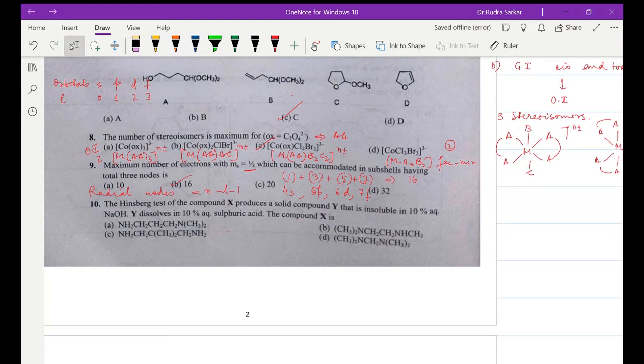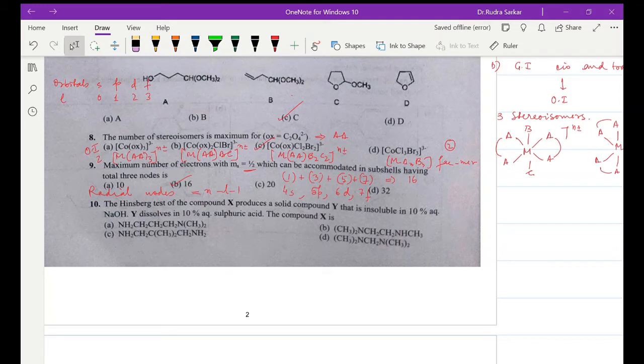Next question, number 10, it says Hinsberg test of the compound X produces a solid Y that is insoluble in 10% aqueous acid, and Y is going to be dissolved by sulfuric acid.